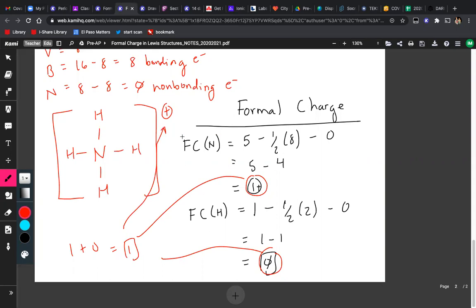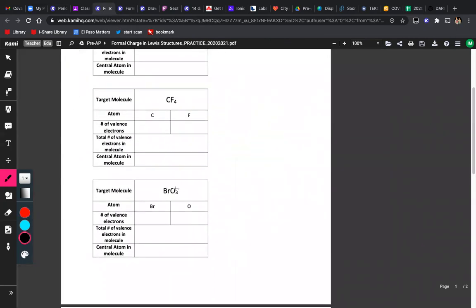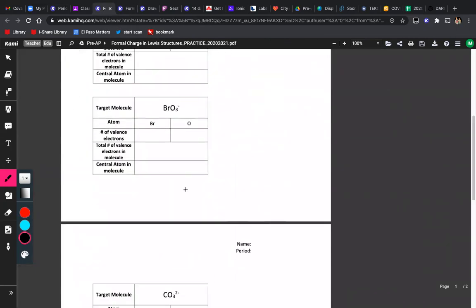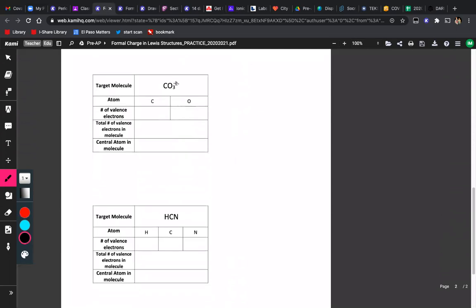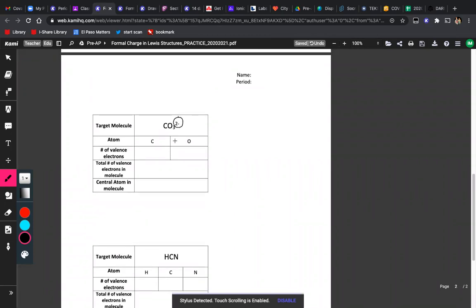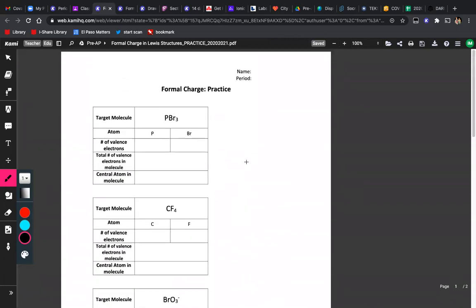So the formal charges should add up to the charge on the molecule. So when you get to BrO3 minus, when you get to CO3 2 minus, your formal charges need to add up to the charge that's on that molecule. If they don't, something's wrong. So just keep that in mind.